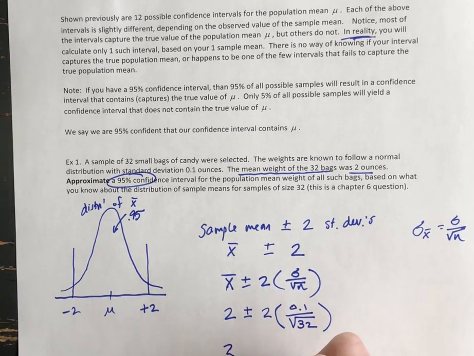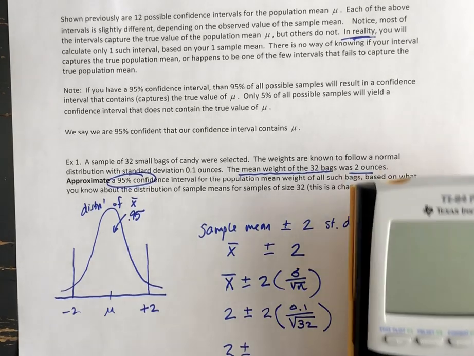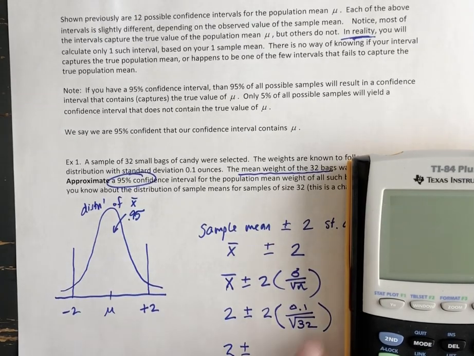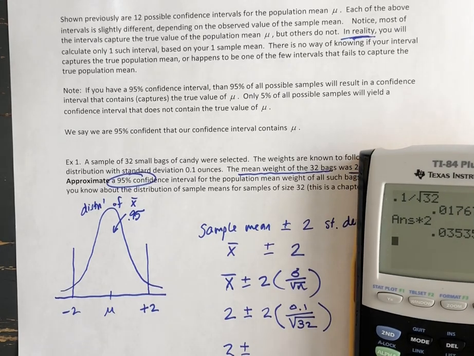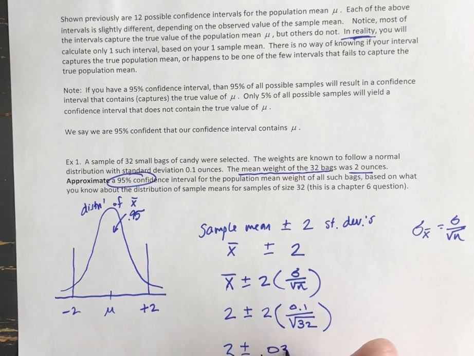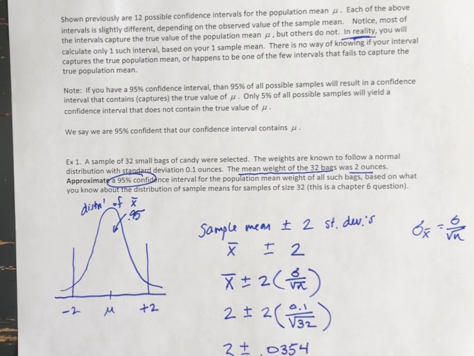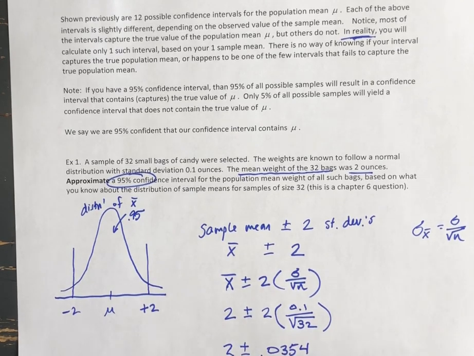That gives you 2 plus or minus, and I'm going to figure out what this margin of error is over here. So we have 0.1 over the square root of 32, and then we're multiplying that by 2, and we get 0.0354. And so that is our margin of error.